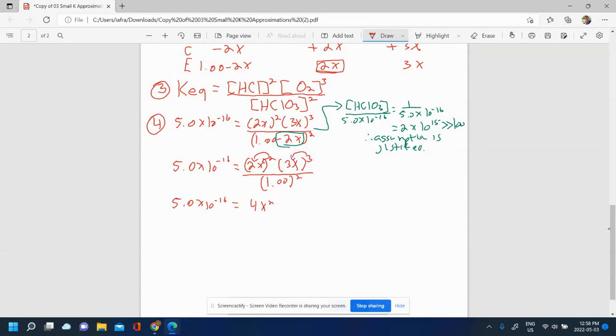This is 27x cubed, and that was simply 1. So divided by 1, I can just leave it out.